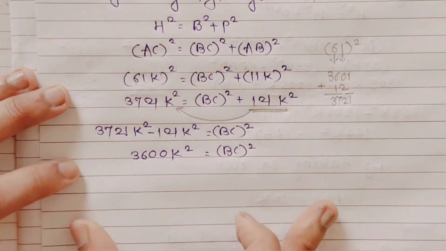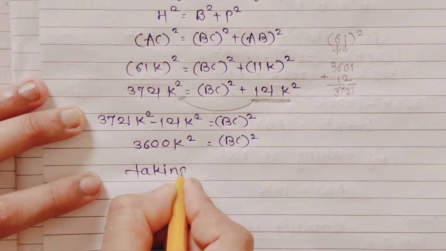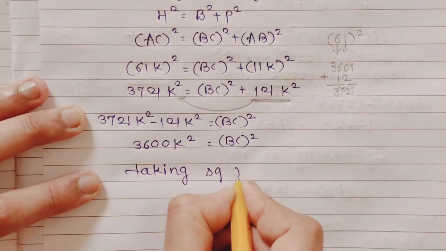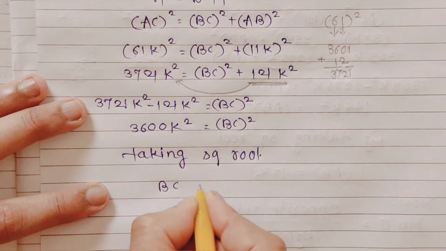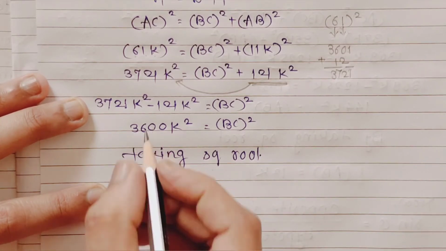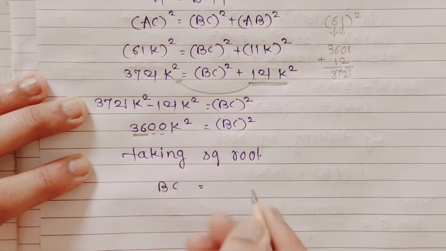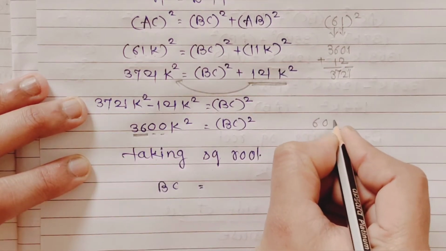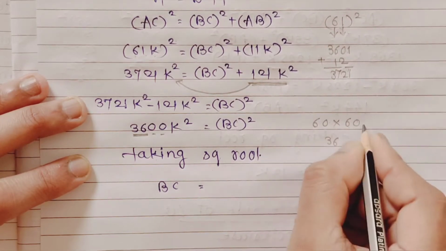Is it clear? Now taking square root from both sides, we can write BC is equal to square root of 3600 K square. We know that, see here carefully, 6 square is 36 followed by 2 zeros ahead. That means 60 into 60. Is it clear? 6 into 6 that means 36 followed by 2 zeros.